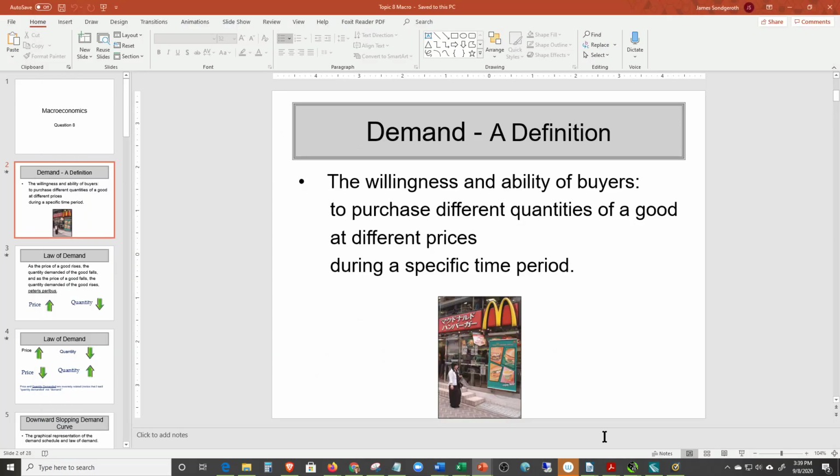Here we go. And so basically, demand itself, this is not the law of demand, is the willingness and ability of buyers to purchase different quantities of a good.